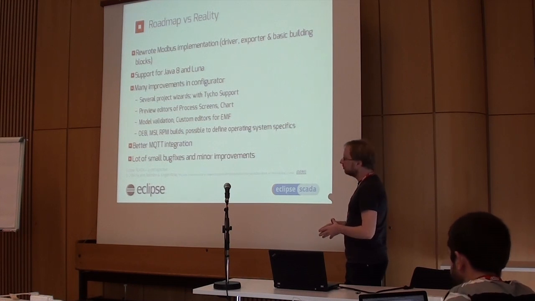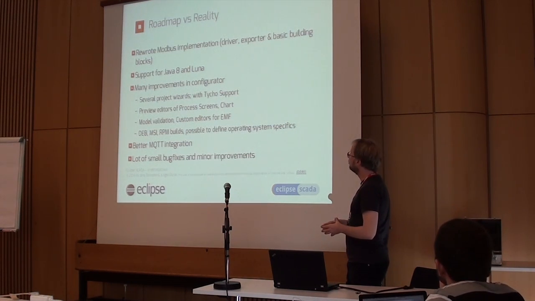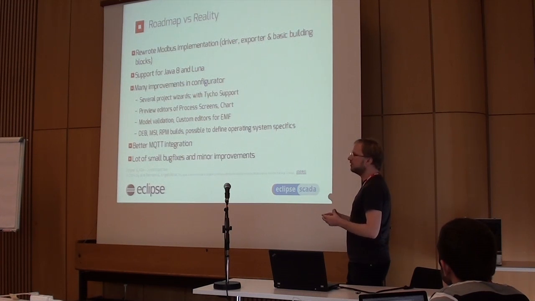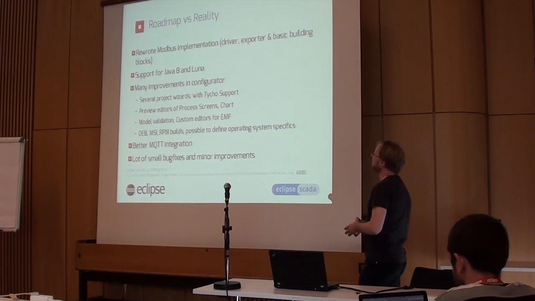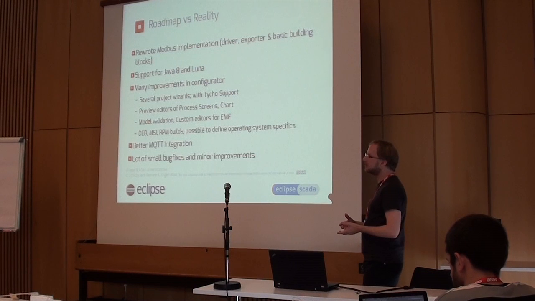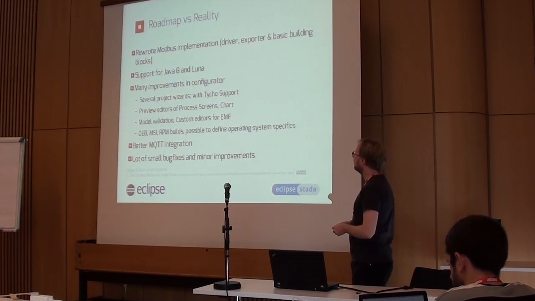Java 8 support, and Luna was a little bit of an issue in the beginning. Switching to Java 8 was a problem because of the JavaScript library, Nashorn, which caused a few problems. We have many improvements in the graphical configuration tool and in the configuration of the system. We have project wizards, Python support, previews of the process screens, of the HMI, of the charting, validation, all this stuff.